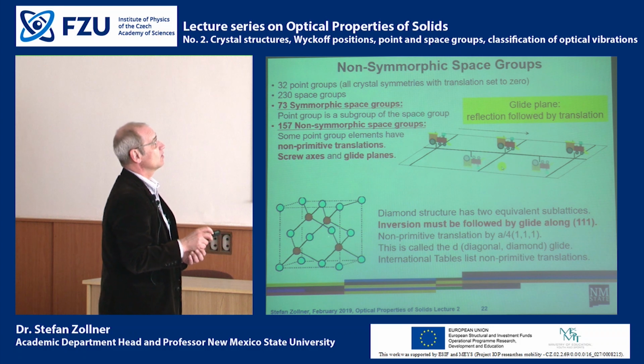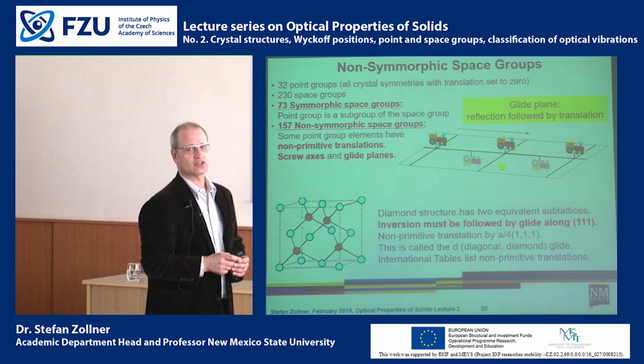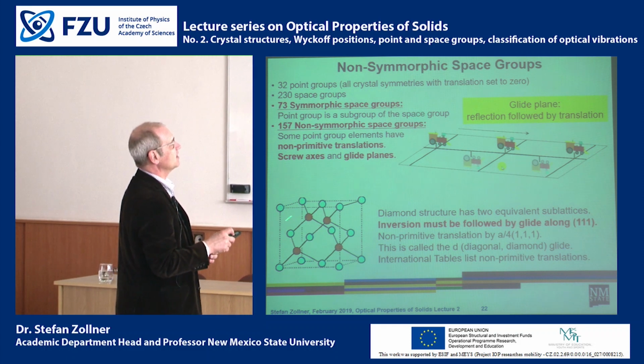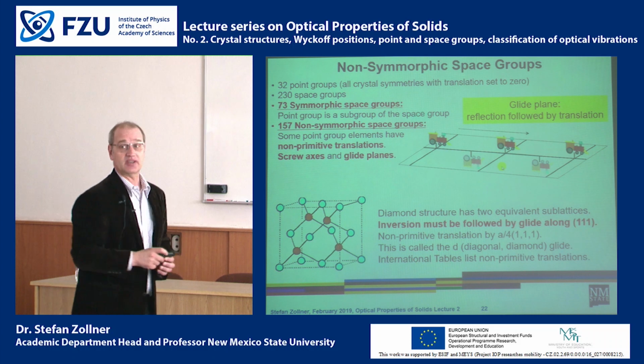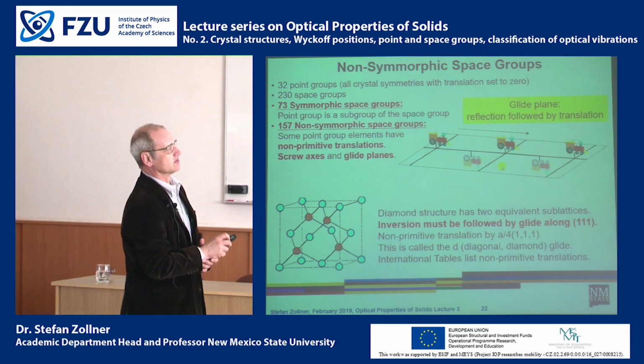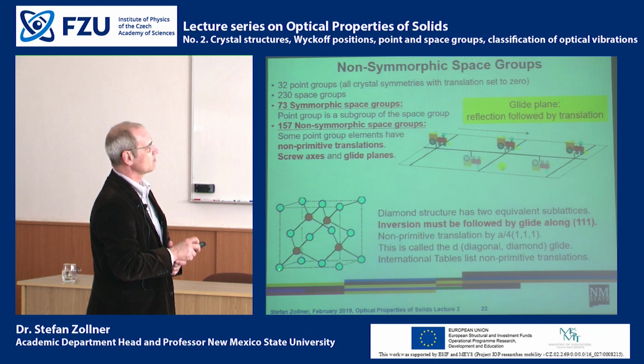And one example is the diamond crystal structure. So if we assume that this is diamond, then the blue atoms and the red atoms are the same, and they're all carbon atoms. And I'm using the point origin, and the diamond crystal has inversion symmetry.